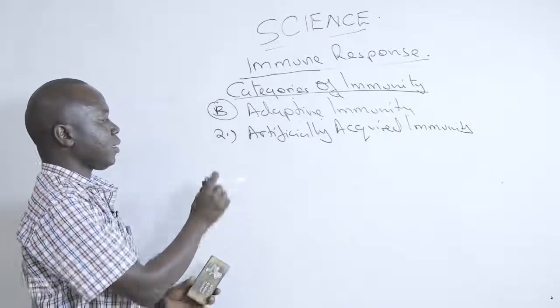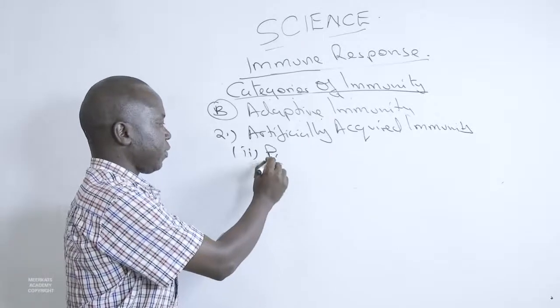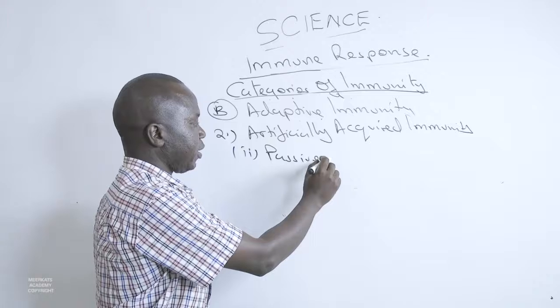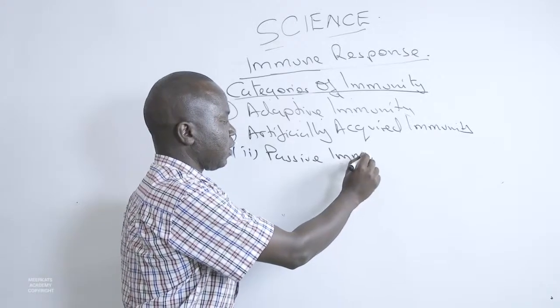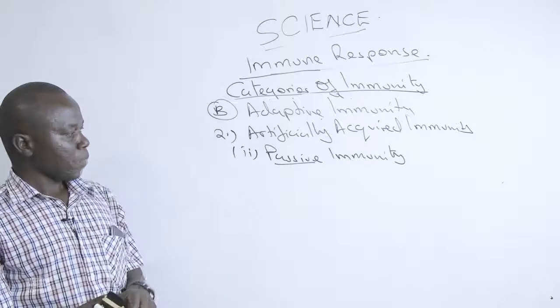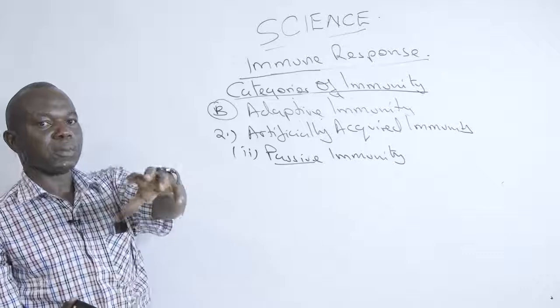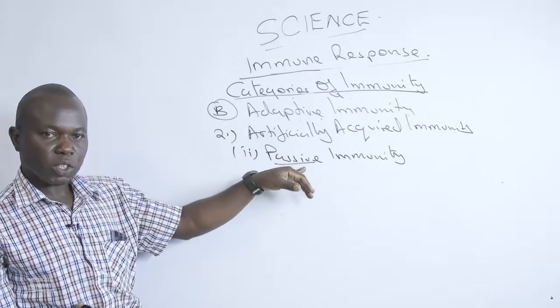Then the last one is called passive immunity. From the word passive, pass. The body does not produce its own antibodies. It is obtained from a different source.